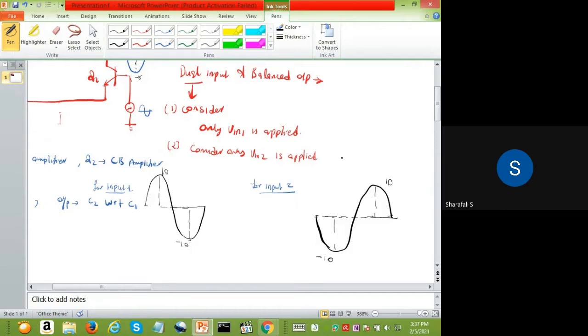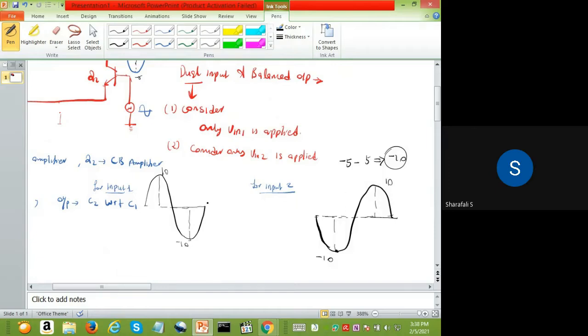So that will be minus 5 minus the second, which is 5. This will give you minus 10. So the total potential, the difference across C2 and C1, will be minus 10 initially, then it will go to the positive cycle like that.